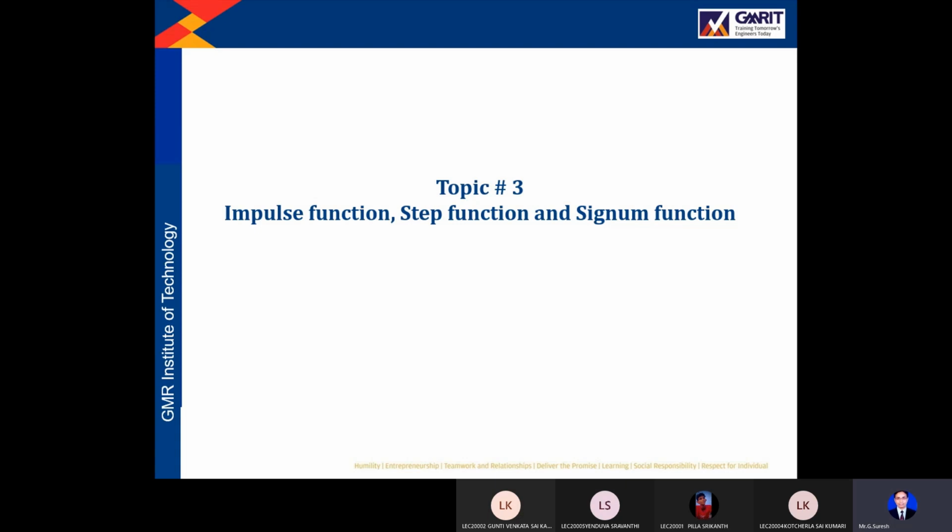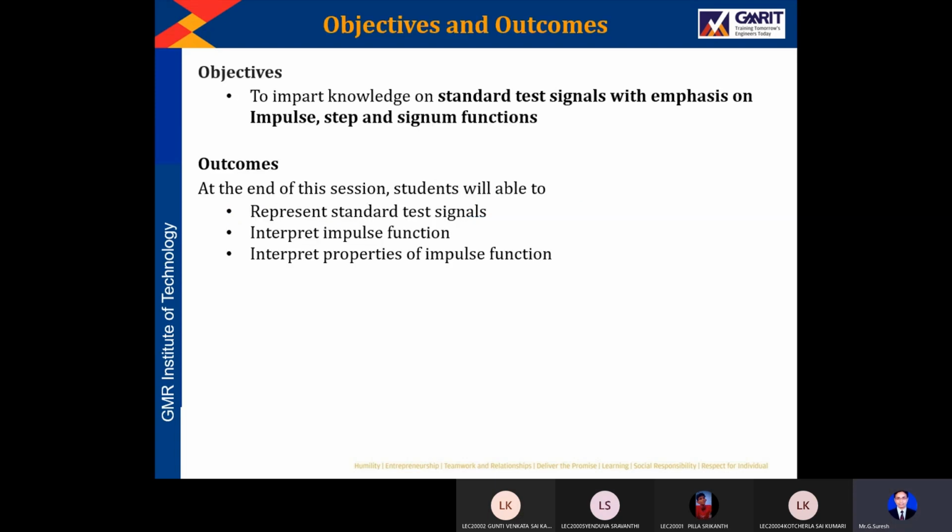So we'll look at these signals first. The objective is to impart knowledge on standard test signals with emphasis on impulse, step, and signum functions. At the end of this session, students will be able to represent standard test signals, interpret the impulse function, and interpret properties of the impulse function.